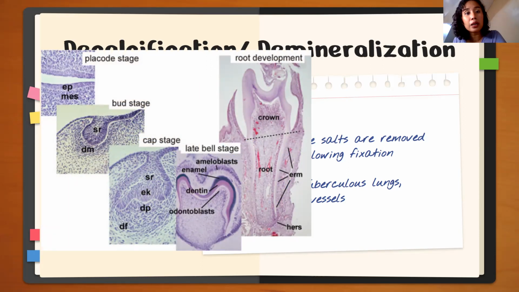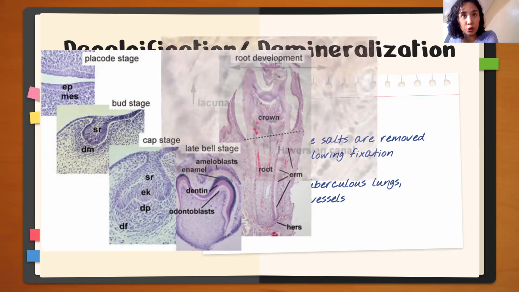So para maiwasan yun, kailangan tanggalin ang calcium salts. To see the tissue of the teeth properly, at the different stages of your teeth, kailangan tanggalin yung calcium.